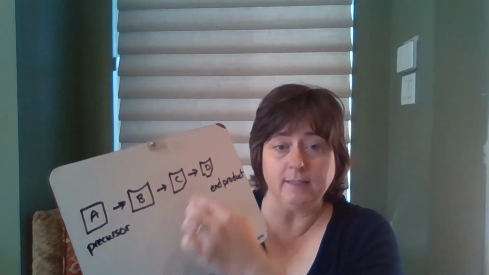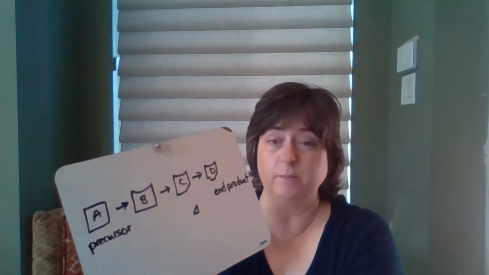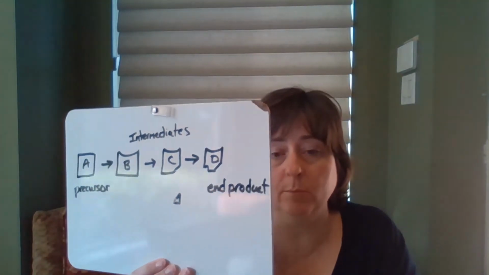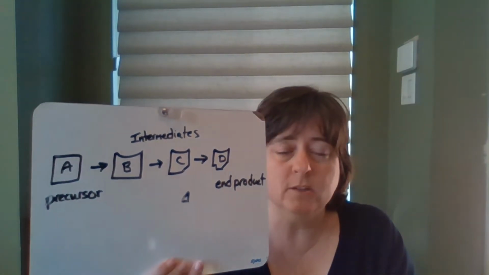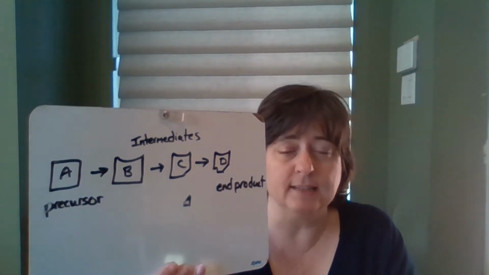Anything else in between, and it could be one thing, could be a whole bunch of things, we're just going to call those intermediates. We weren't trying to make them. We just made them in the process of getting to our end product, which was what we wanted. So B and C are intermediates in this pathway.